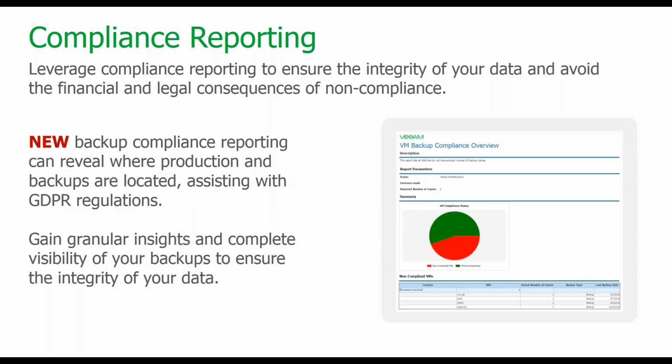So let's say, for example, you want to restore some data located in an office, for example, in Germany, to a repository in another country like Finland. You will now get a warning, regardless of where that location is, asking you, are you sure you want to go through with this transfer?